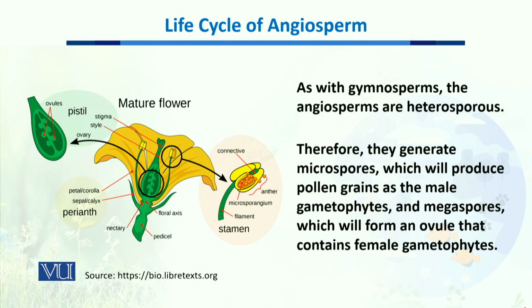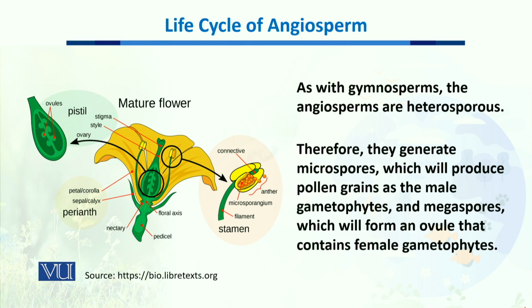Now, just like gymnosperms, the angiosperms are heterosporous, which means that both male as well as female gametes are produced on the same plant.